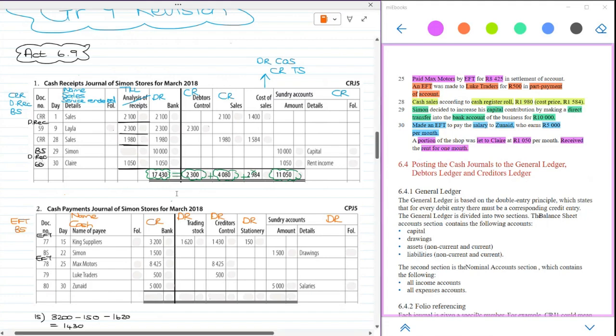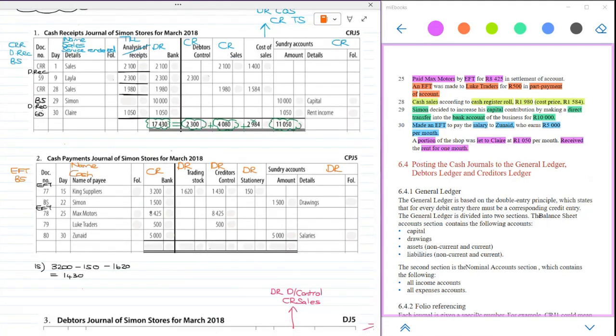Then for my CPJ, same, we go and add up everything in my bank column, trading stock, creditors control, stationery, and my sundry accounts. Debit side should be equal to your credit side. So bank was credited, meaning that total will be equal to all my debits added together.